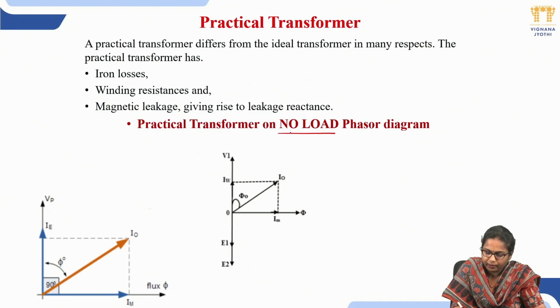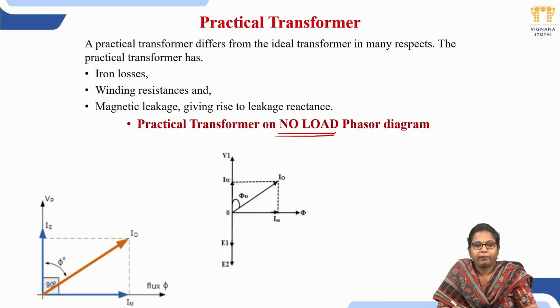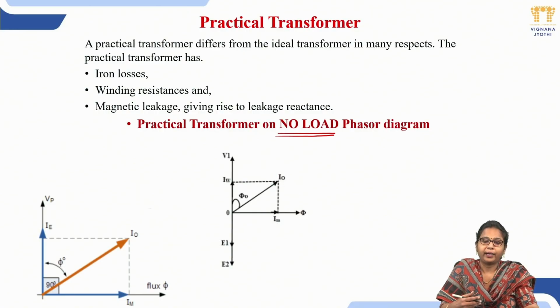Now let us consider a practical transformer on no load condition. The vice versa of the ideal transformer is the practical transformer. A practical transformer differs from the ideal transformer in many aspects. We said there are no losses in the ideal case, but in a practical transformer, the winding exhibits the property of resistance.